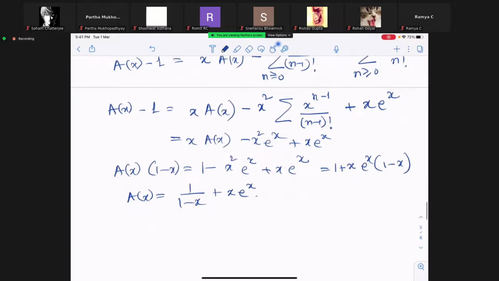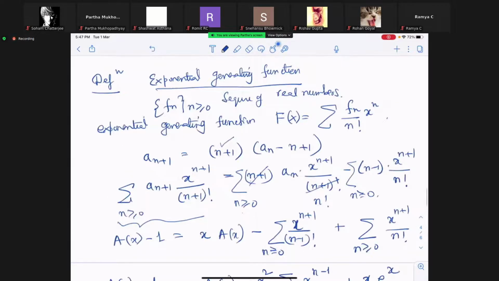And now you can, of course, say that A(x) equals that, 1 comes from this side, and then what is the coefficient of x power n here, which is like x power n by n minus 1 factorial. This will be a sum. So this is the closed form that you are looking for. Right.